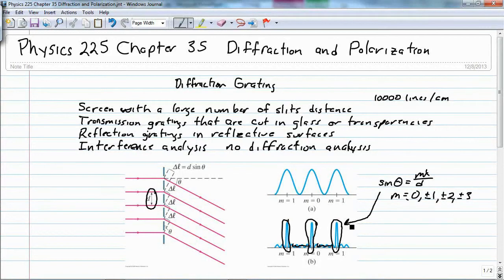Now, when we're doing our problems for the diffraction, one thing that we have to remember is that this d is the distance between the slits.